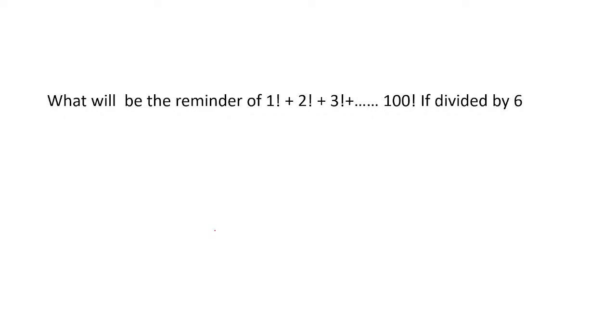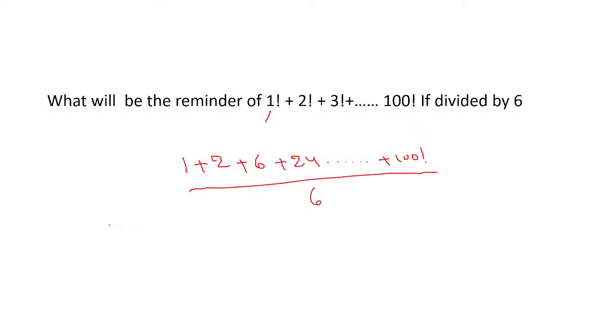What will be the remainder of 1 factorial plus 2 factorial plus 3 factorial up to 100 factorial divided by 6? Look at here. 1 factorial is 1, 2 factorial is 2, 3 factorial is 6, 4 factorial is 24, up to 100 factorial, divided by 6. They are asking you the remainder.